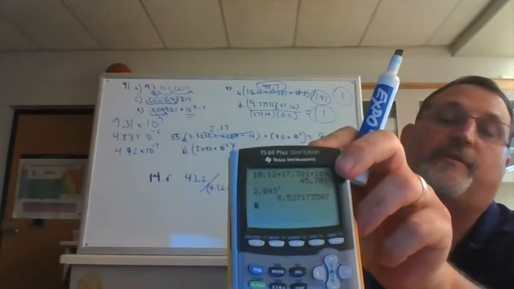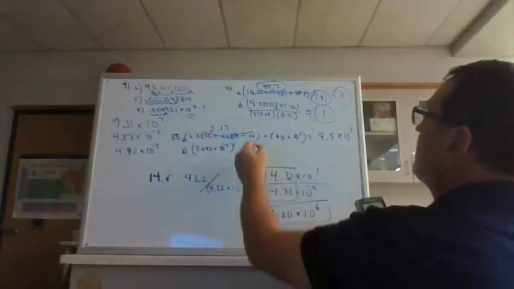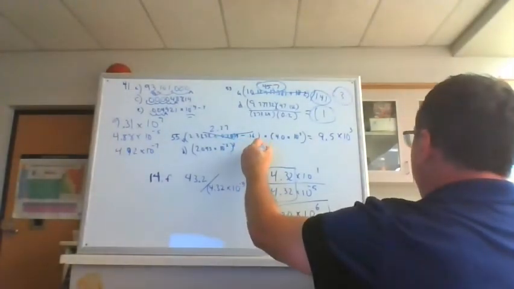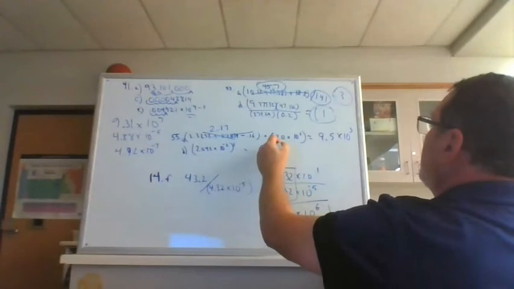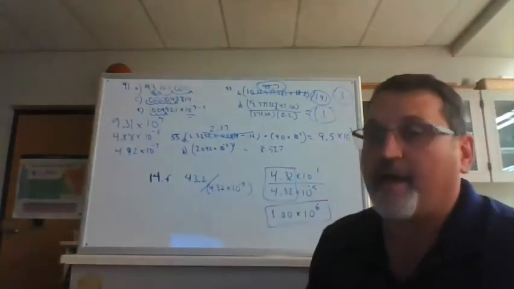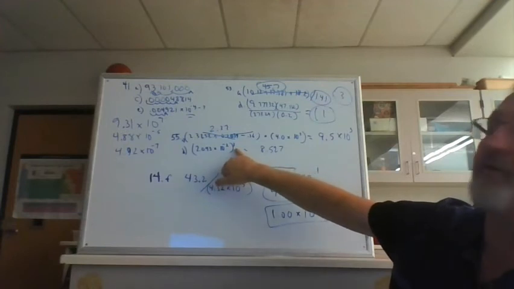Now notice your original number had 4 significant figures, so this number can have 4 significant figures, 8.527.